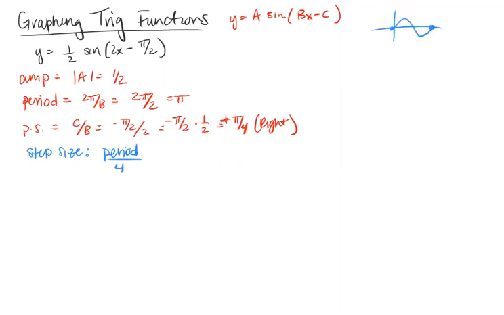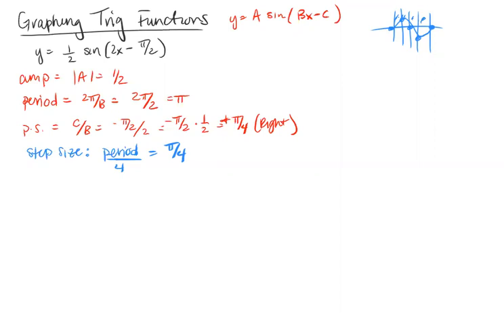We have 1, 2, 3, 4, 5 key points. That's 3 x-intercepts and a max and a min. So if we divide into 4 equal parts, that's what we're doing here. We're picking up what the endpoints of those 4 equal parts will be, our key points. So the period over 4, so we're looking at pi over 4.